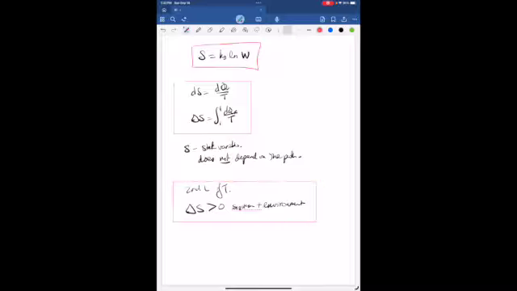There's never been a time where the entropy of the system plus the environment did not increase. There are times when the entropy of the system decreases, but then the entropy of the environment increases, and the amount it increases by is greater than the amount that the entropy of the system decreased, right? So the total always increases.